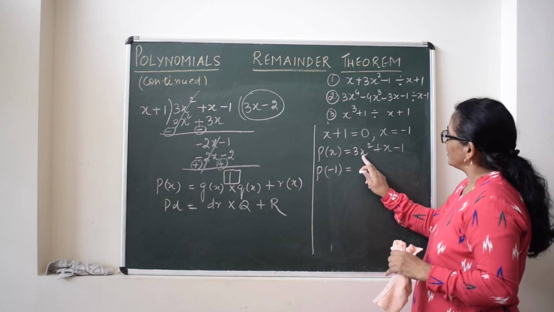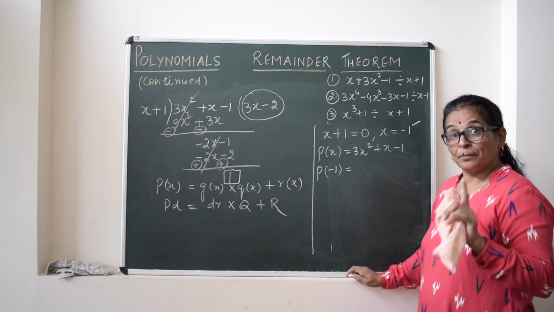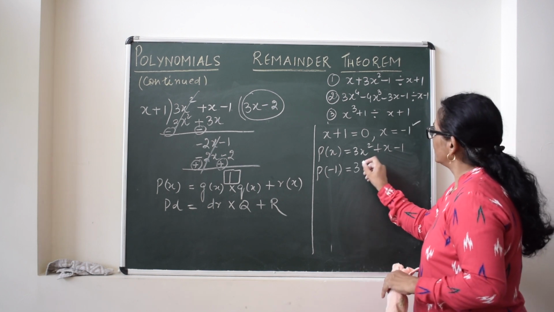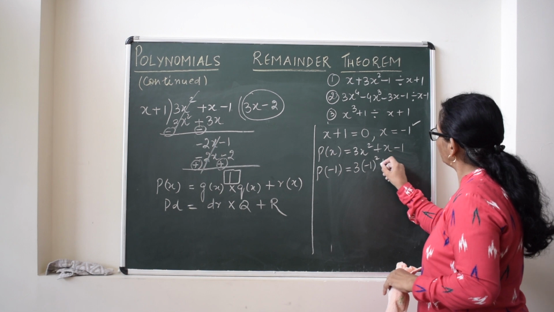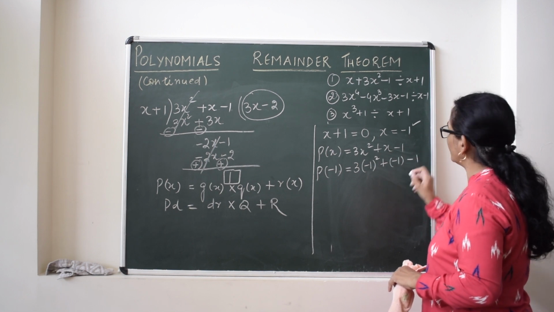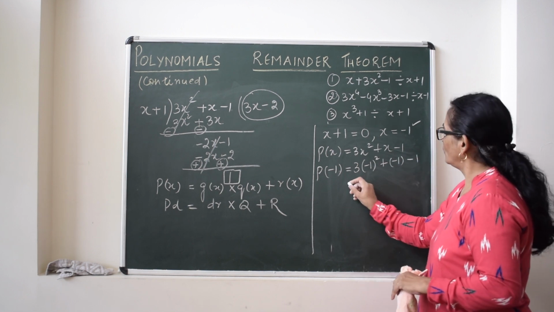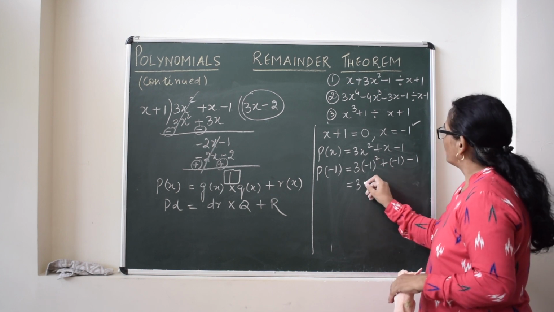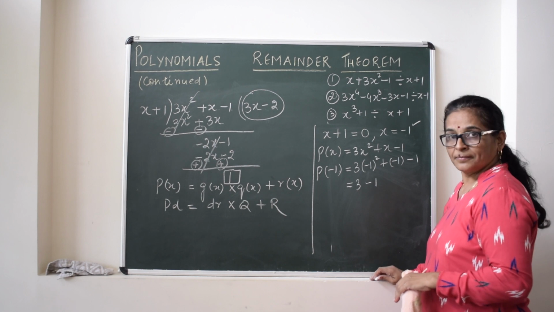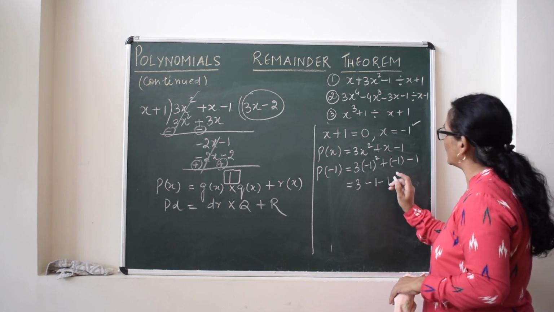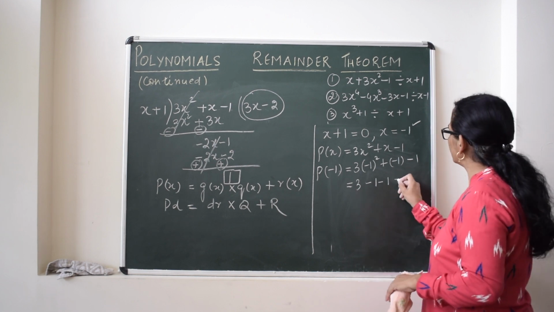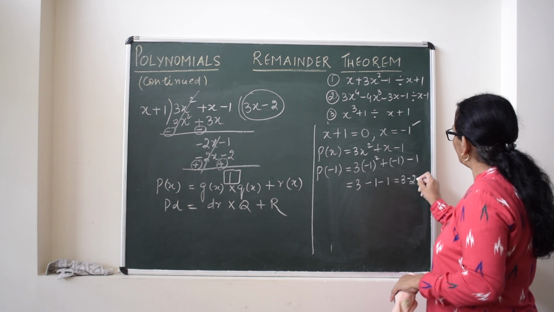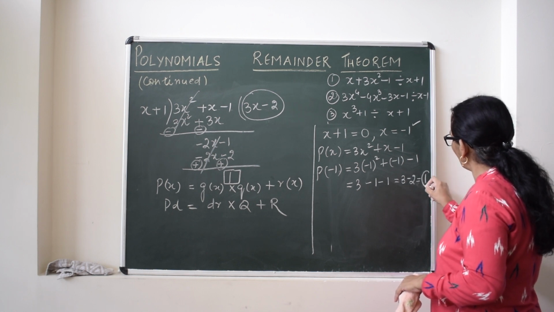So in place of x, we will substitute minus 1. Now 3 into minus 1 square is 3, plus minus 1, and this is minus 1. So this is 3 minus 2, and that is 1.